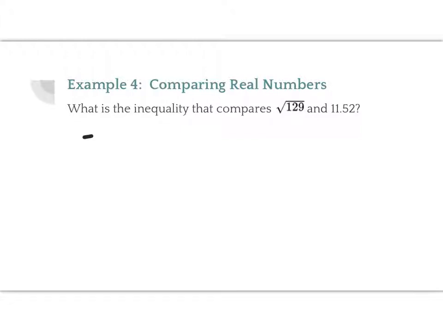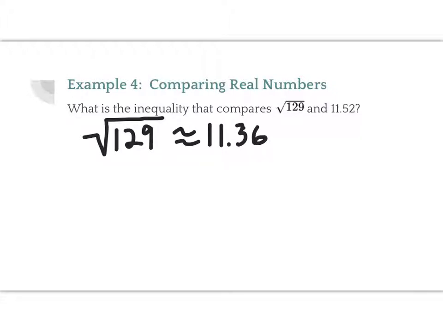So using technology, we see that the square root of 129, rounding to 2 decimal places, is approximately 11.36. 11.36 is less than 11.52. So there would be the inequality we would use to compare the two. That's exactly what inequalities do. They compare. Remember, we point to the smaller number.